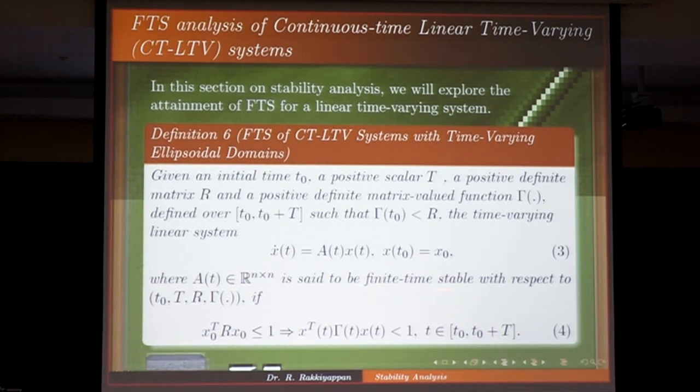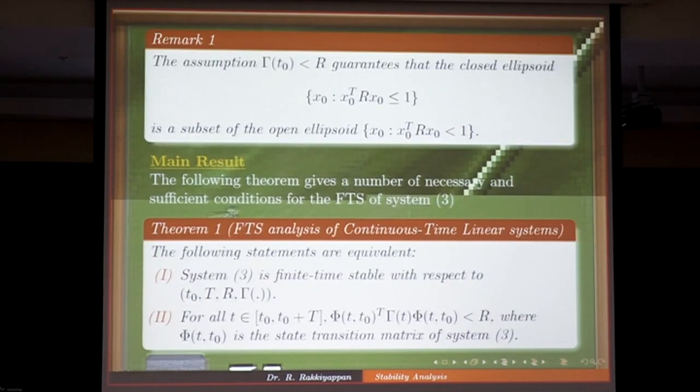It is said to be finite time stable with respect to the constants if x naught transpose R x naught is less than or equal to 1, then this implies that x transpose of t, gamma of t, x of t is less than 1. The assumption gamma of t naught less than R guarantees that the closed ellipsoid is a subset of the open ellipsoid.